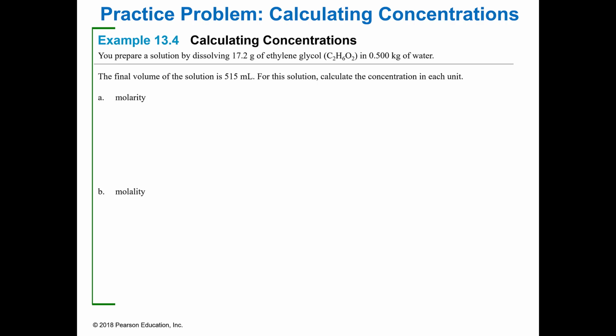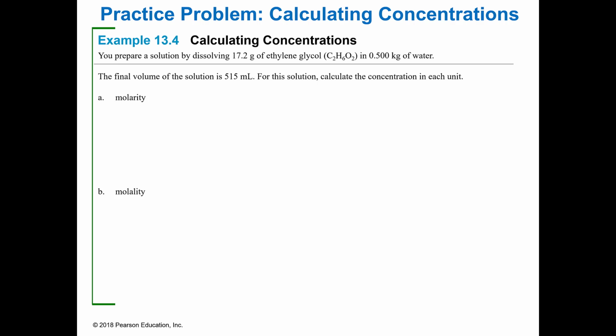If you recall, when we were doing molarity, we talked about the fact that you needed to know the molar mass. So that's one thing with these. If it's molarity or molality or mole fraction, any of these things, you know you're going to have to be able to figure out what the moles are.